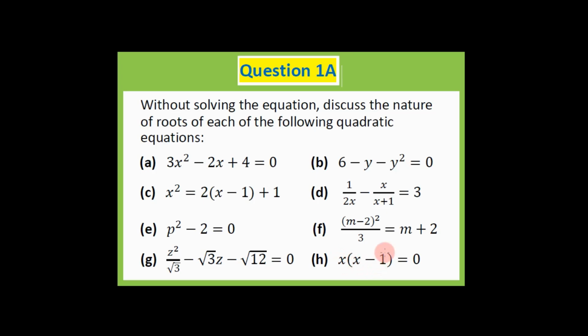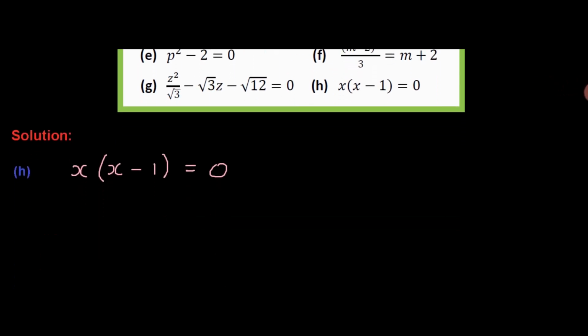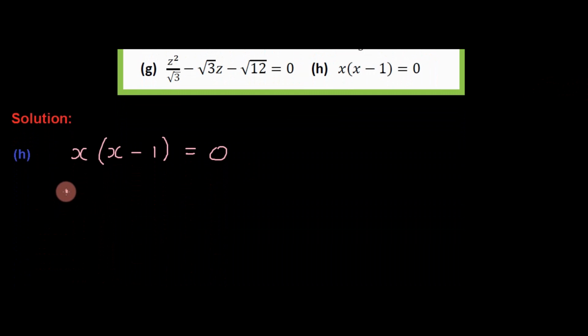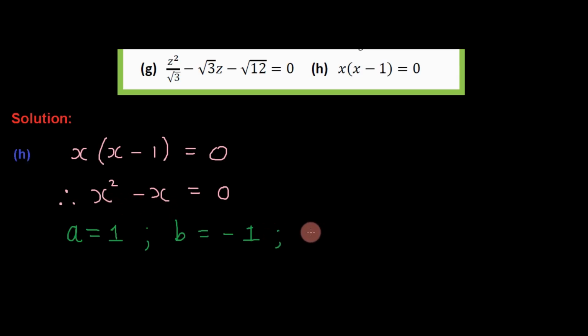Then coming to the last question here, so coming to H, we can multiply out the left-hand side. So we get x squared minus x equals 0. Now we can write down the values of a, b, and c. A is the x squared coefficient, which is 1. B is the x coefficient, and it's negative 1. And we can see that there's no constant here. So c equals 0.